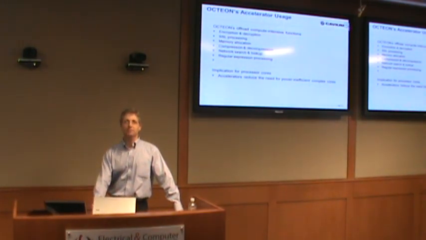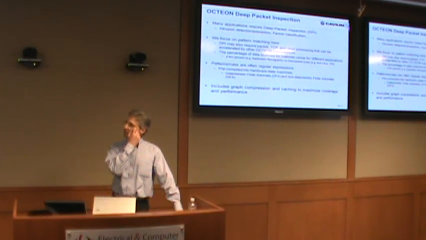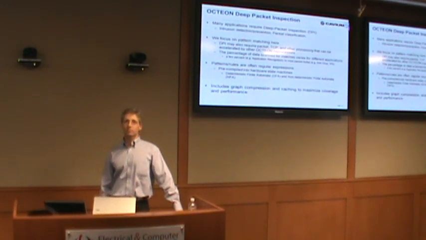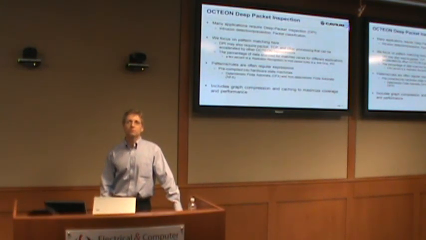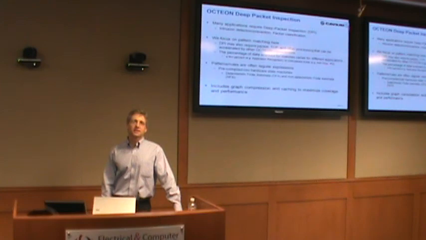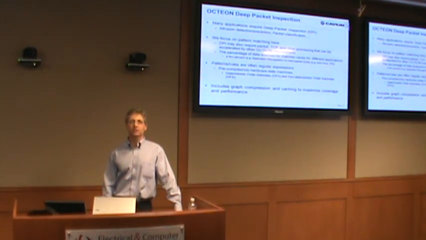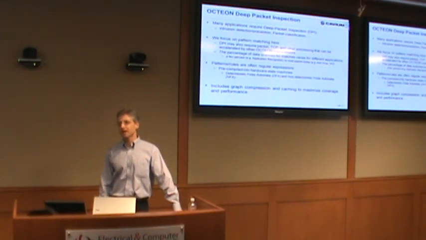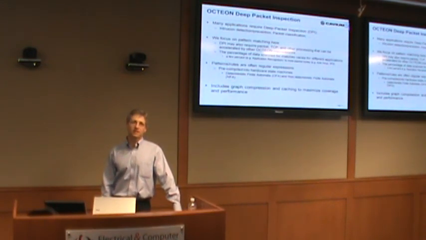So there are a lot of different types of accelerators, but I'll zero in this talk on one type in particular. We'll classify it with the general category of deep packet inspection. There are many applications that need deep packet inspection, amongst them intrusion detection, packet classification, and such.